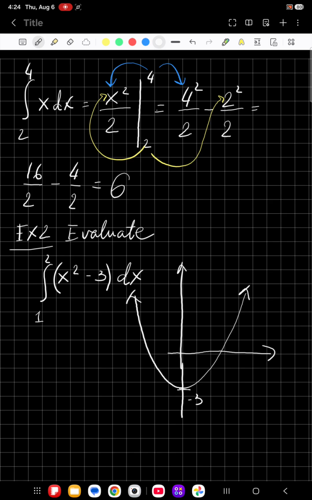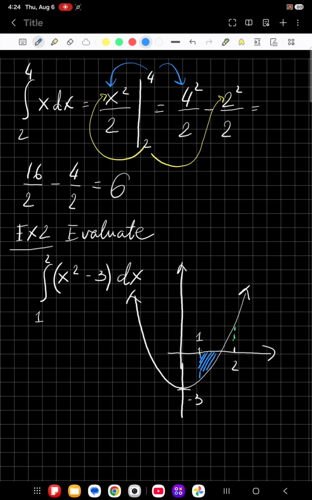So this is -3. And then this is 1. And then this is 2. Okay, so now we'll be evaluating the integral. We're not really calculating the area. We could, but for now, we're just learning how to evaluate those integrals.